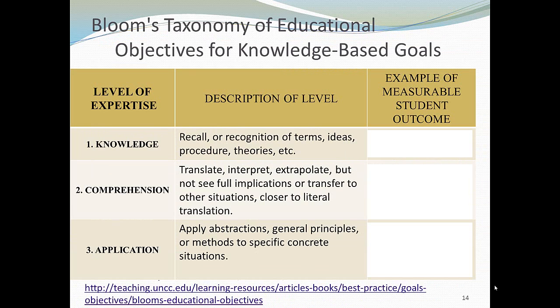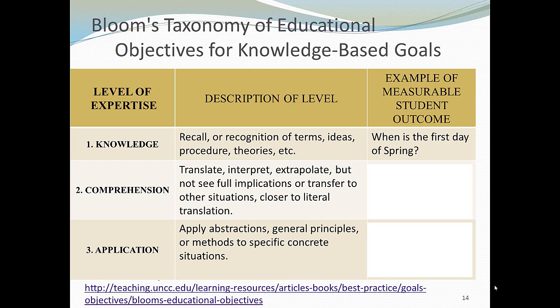Okay, so let's go through some examples. If we look at, say, the Earth's rotation, a knowledge question, recall, recognition of terms, with our measurable student outcome, would correspond to asking the student, do you know when is the first day of spring?